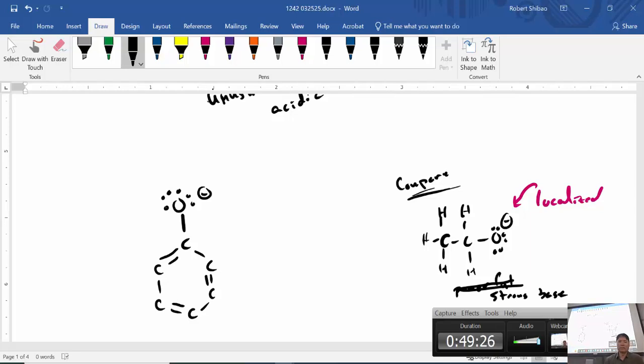They're there. They just don't write them sometimes. But maybe I'll write them here. Like this. This charge is resonance delocalized.